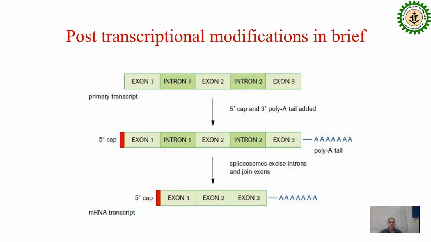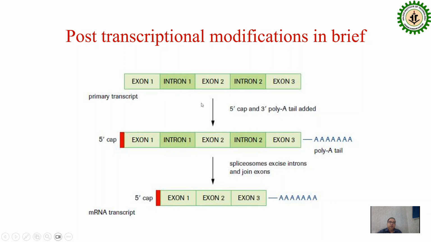Okay, this is the schematic representation of all the three processes. So coming to the primary transcript, you can see there are exons and introns. In this figure, we have shown three exons, exon 1, exon 2 and exon 3, and there are two introns, intron 1 and intron 2.